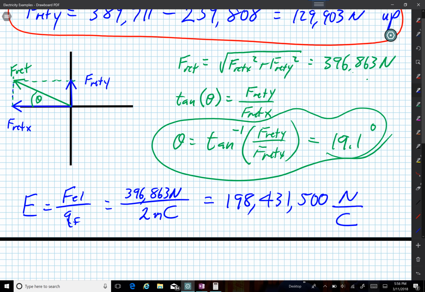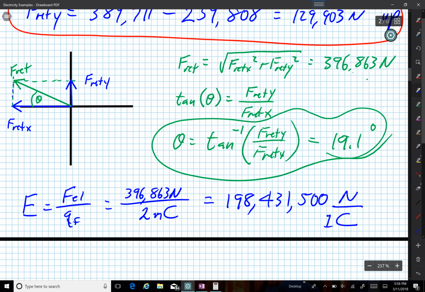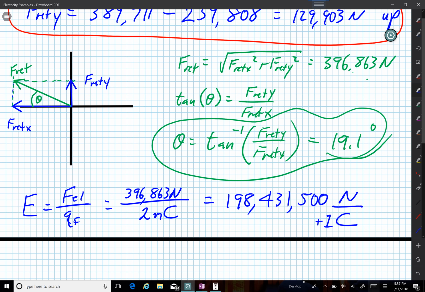And the question is, what direction does it point? Okay? Well, now we remember what electric field tells me. Electric field tells me the force on a normal charge. Remember, there's a 1 coulomb here, and you should remember that there's a positive 1 coulomb in the denominator of an electric field because a normal charge is plus 1 coulomb.